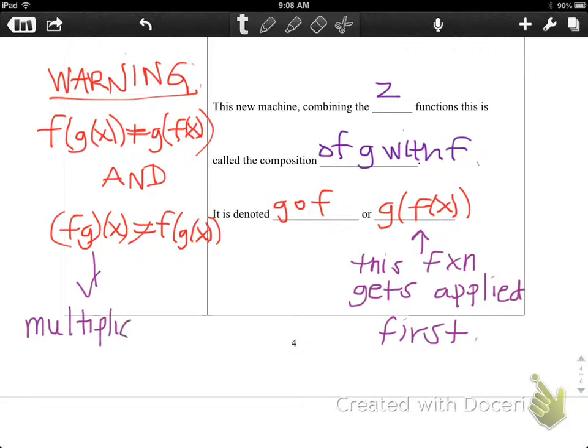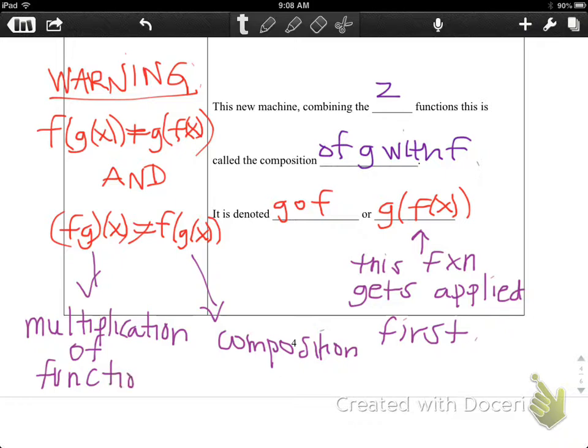You just multiply the two functions together. The second one is a composition, and we'll do our next example to talk about that. So note, this is multiplication of functions, and this is composition of functions.